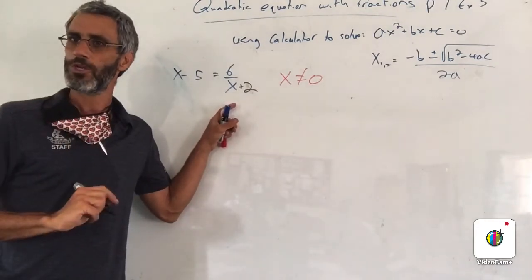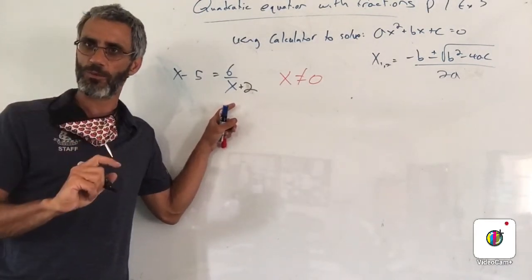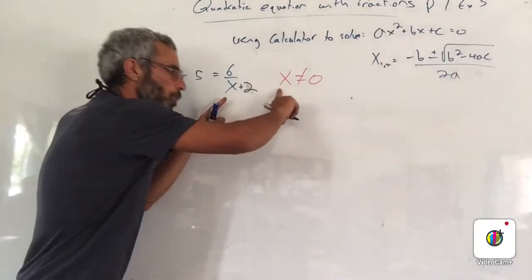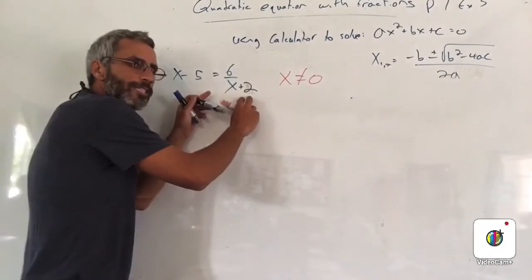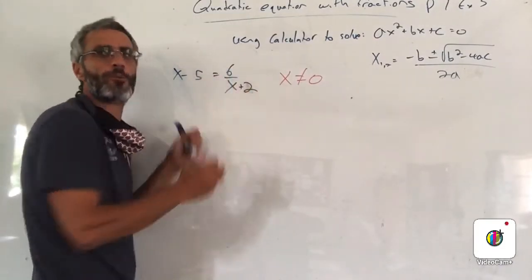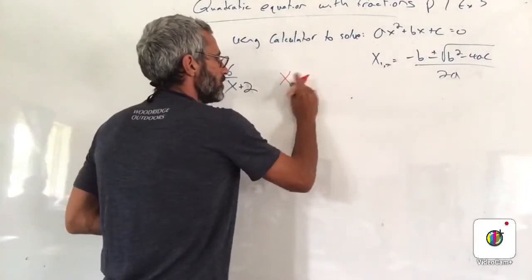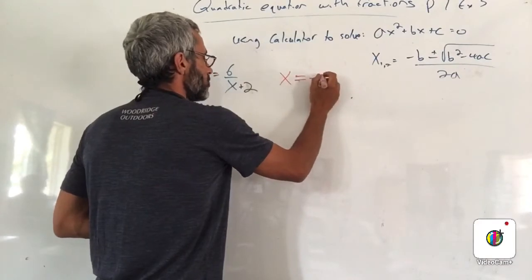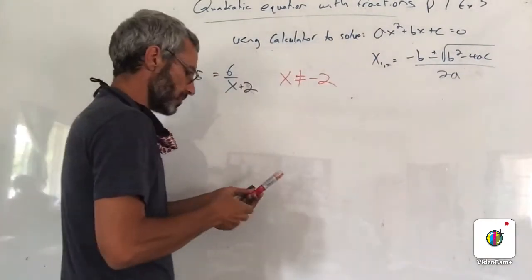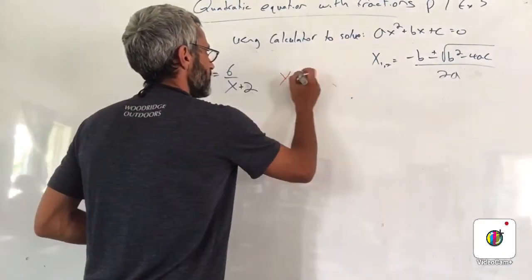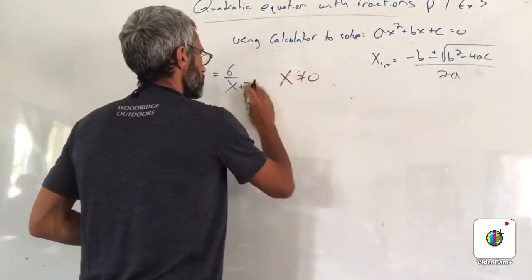Negative 2. You see that? And I remember you had trouble with that last year. Don't automatically say x not equal to 0. You have to look at the denominator and say the denominator must not be equal to 0. So in other words, x must not be equal to minus 2. But we're staying with this specific case. So x is not equal to 0.